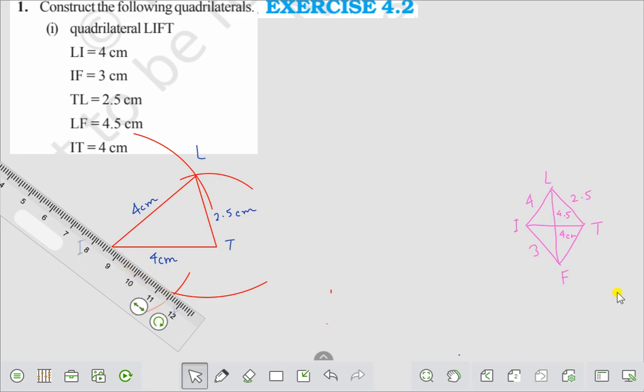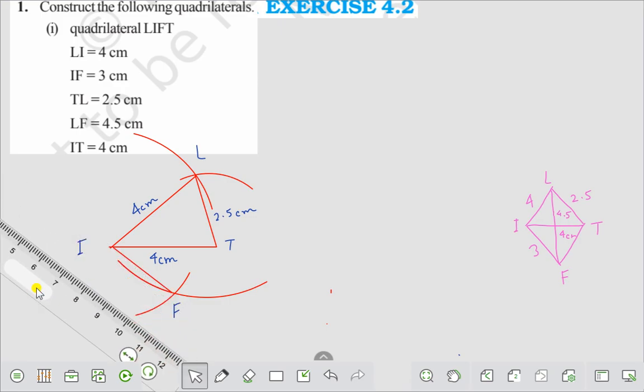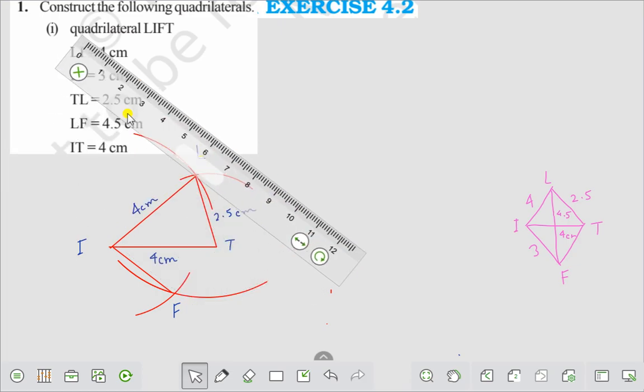Join I with F, right, and this is 3 centimeter, and join LF also, LF is 4.5 centimeter.